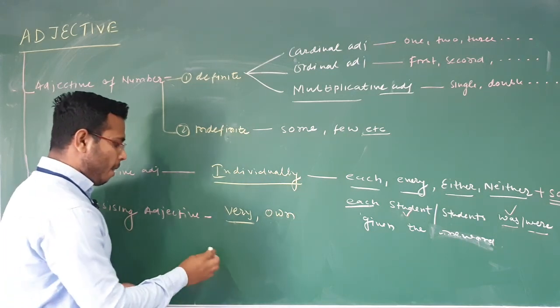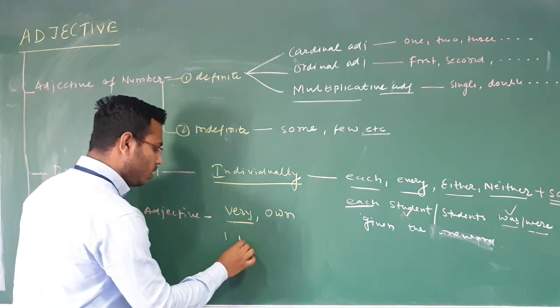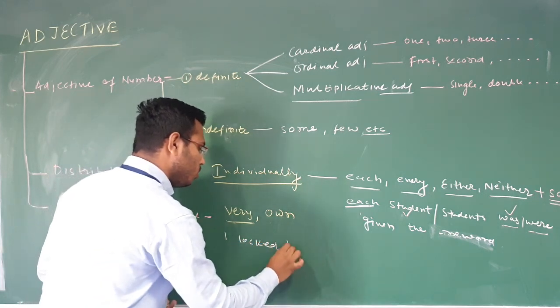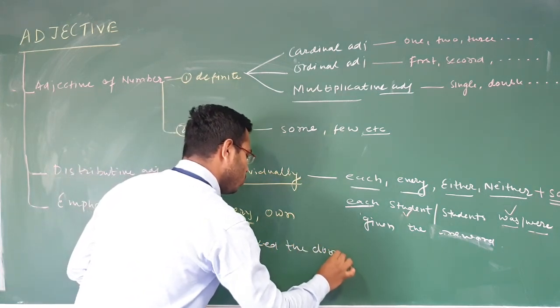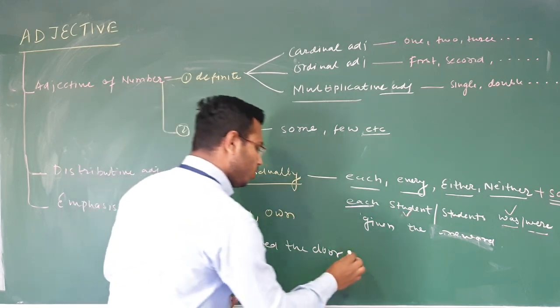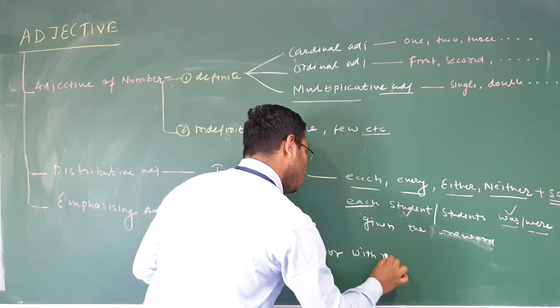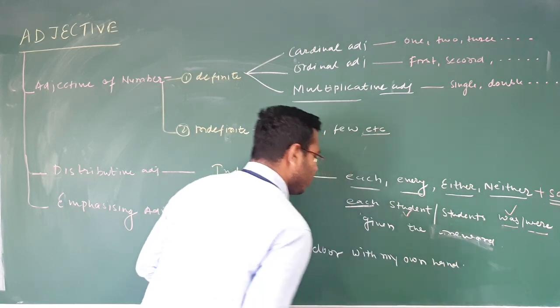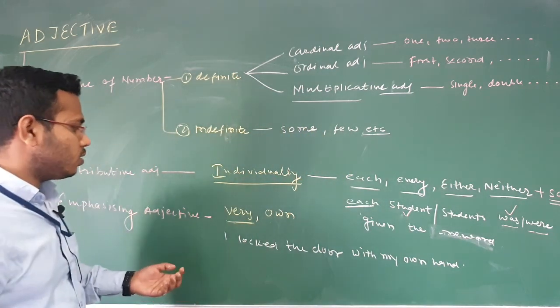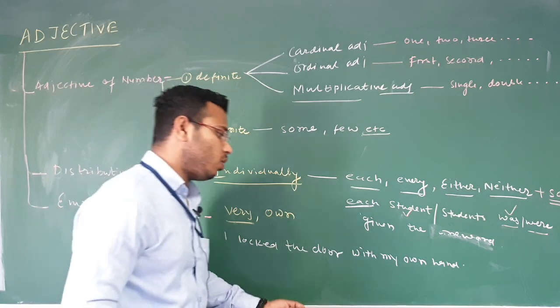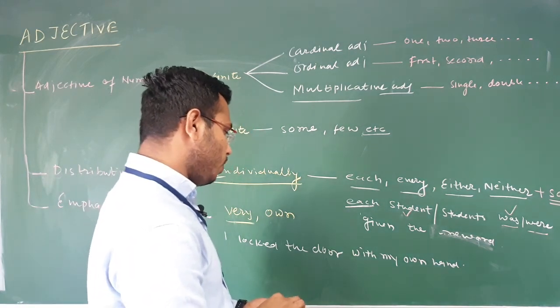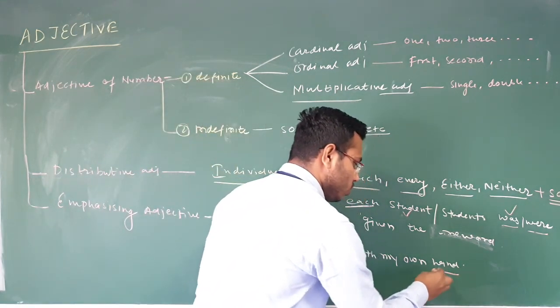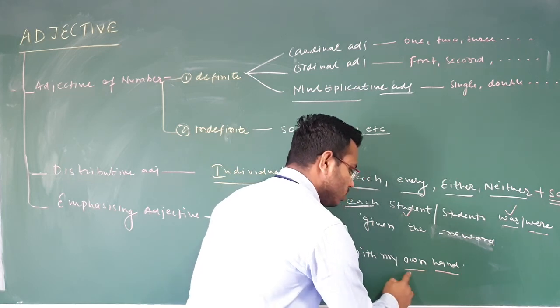For example, I locked the door with my own hand. If I write this sentence, I locked the door with my own hand, so here you see, hand is a noun, and own is a semi adjective.